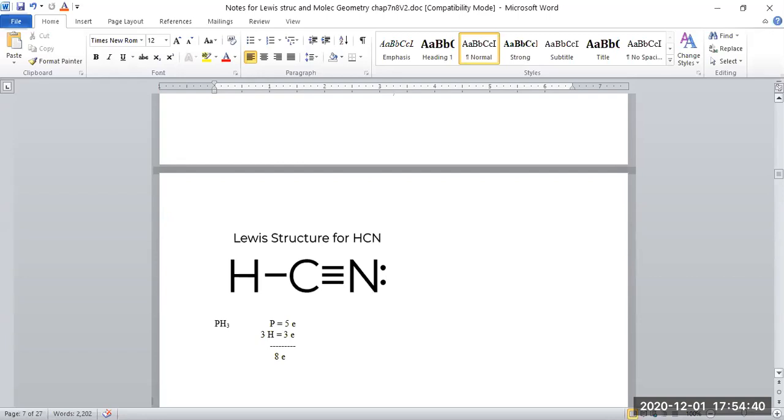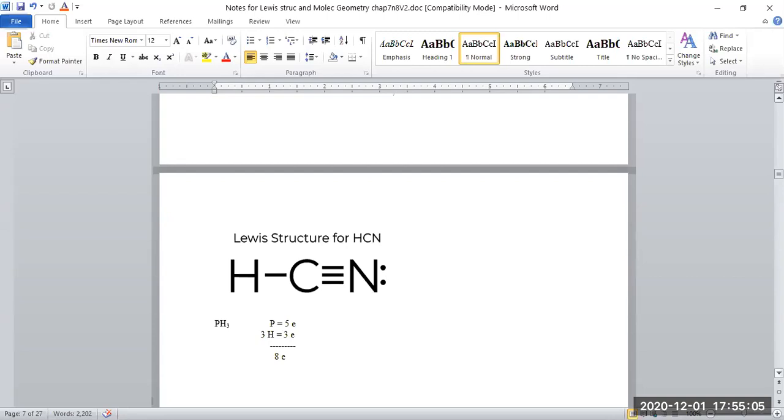I've got a single bond between my carbon and its hydrogen on the left. But because carbon really, really, really wants 4 bonds and nitrogen wants 3, I'm going to put a triple bond between the carbon and the nitrogen.